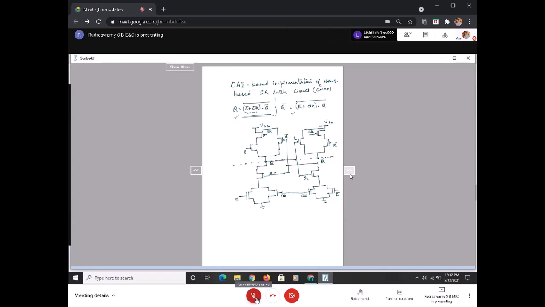So this is the CMOS or OAI based implementation, because the moment you see a NAND gate of this kind, you say it is an OAI or pass complement. The moment you see an AOI or a NOR, it is an AOI, AND-OR-inverter.